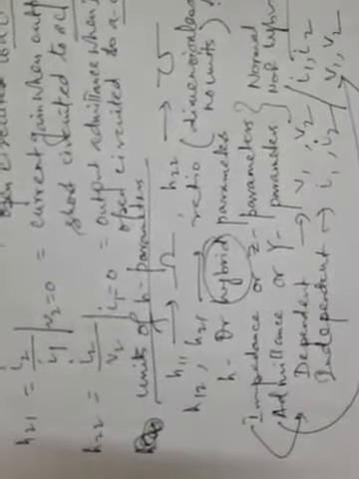When we consider the opposite, that means the dependent variables are I1 and I2 and the independent variables are V1 and V2, that is my expression for admittance or Y parameters. So these admittance or Y parameters will just be the reciprocal of impedance or Z parameters, and the equations will be accordingly reversed.